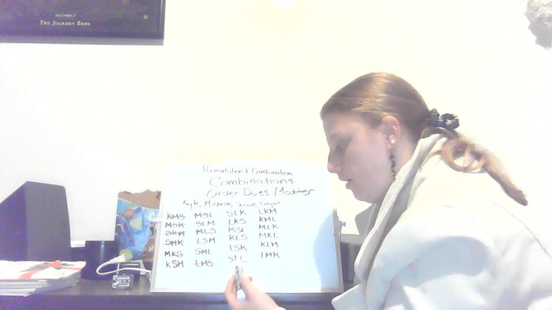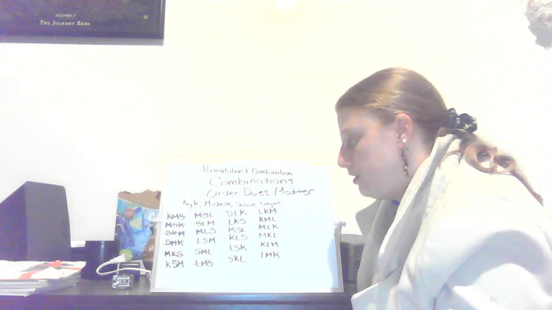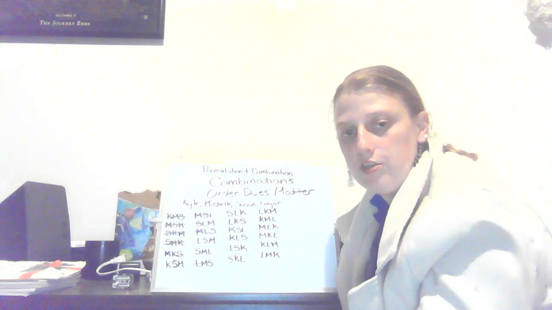Looking at our set 3, we have Susan, Logan, Kyle; Kyle, Susan, Logan; Susan, Logan; Logan, Susan, Kyle; Susan, Kyle, Logan. Let's go with Kyle, Susan, and Logan. If we go with this one, we have to mark out all the other ones because they are considered the same in a combination.